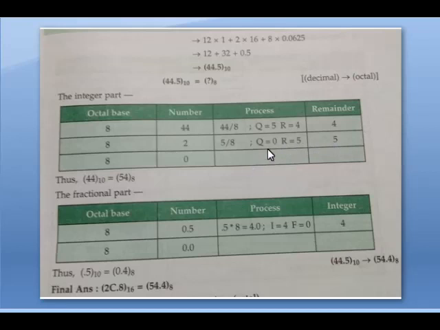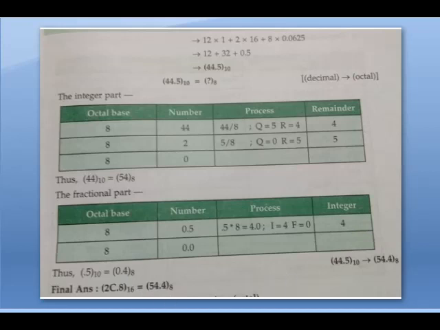The integer part is over. Then the decimal part is 0.5, and 0.5 times 8 is 4.0, so the integer part is 4 and the fractional part is 0, so we stop here. We only take the integer part. So the answer is 54.4 to the base 8.